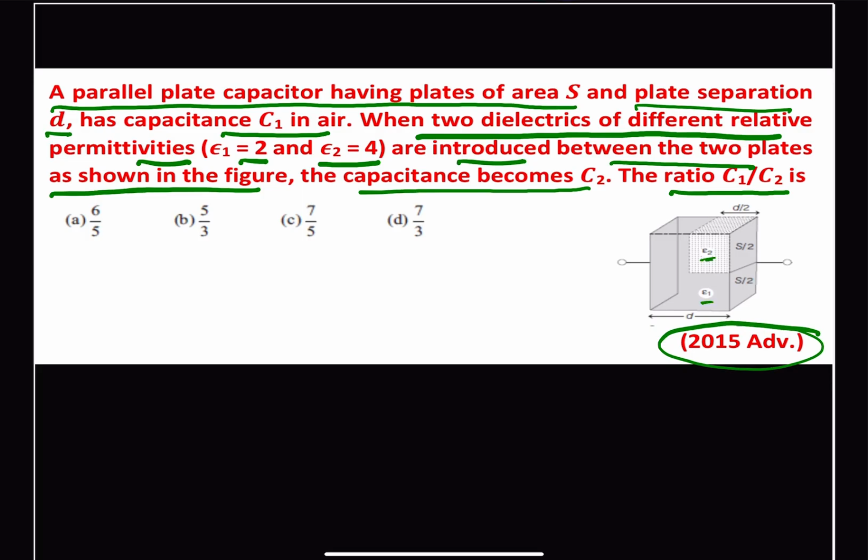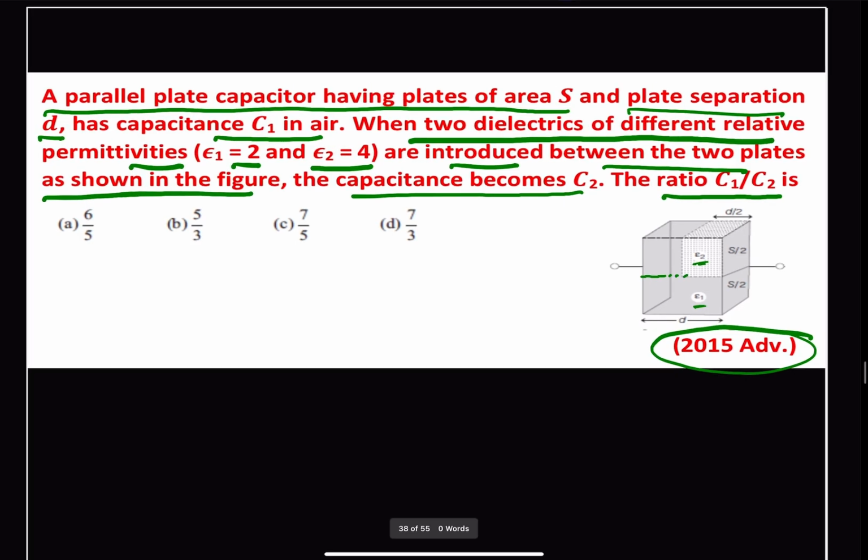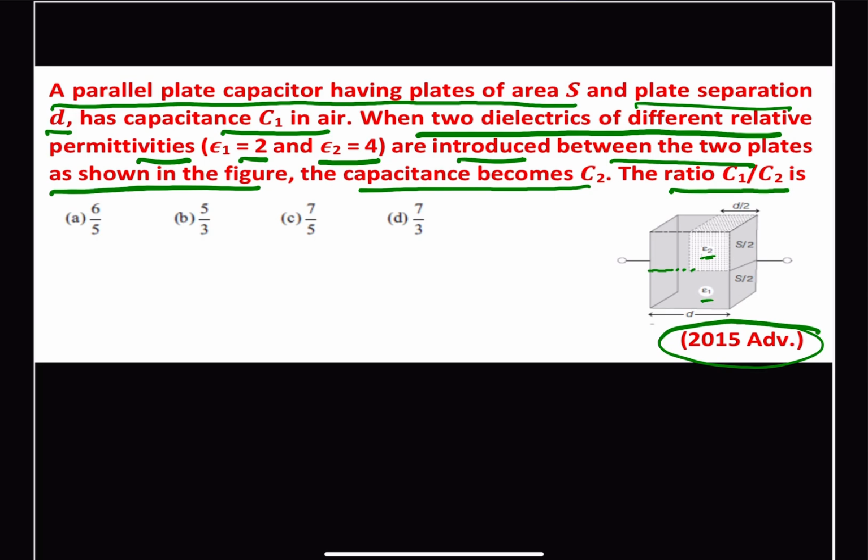And this we can just modify a little bit, and let us extend it in this way. When two dielectrics are introduced between the two plates, the capacitance becomes C2, and the ratio of C1 and C2 is to be found out.